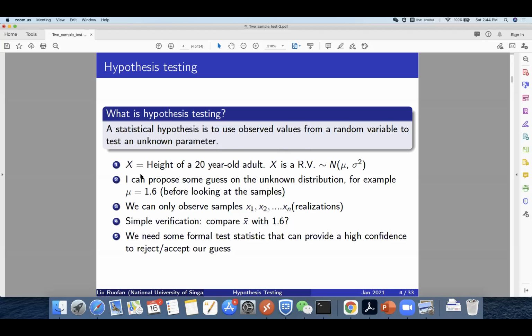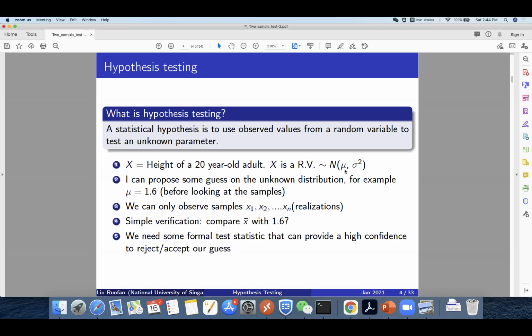X is a random variable because it is different if we measure a different adult. A legitimate assumption is that X follows a normal distribution with a population mean mu and population variance sigma square. But we don't know mu and sigma square because it is impossible to measure all the heights.